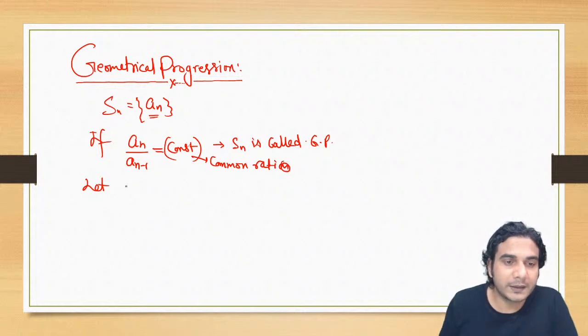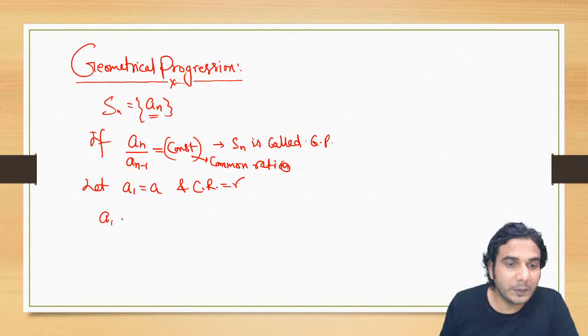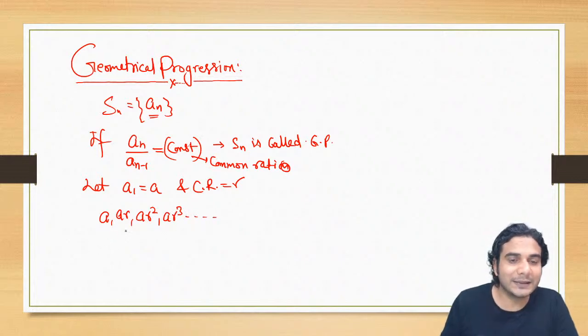So let A1 is equal to A and the common ratio is equal to R. Then you can form this GP. The first term will be A, the next term will be A into R. You need to multiply this common ratio to the previous term to get the next term. So it is AR, the next term will be again multiplying R to the previous term, so it is going to be AR square, then AR cube and so on.